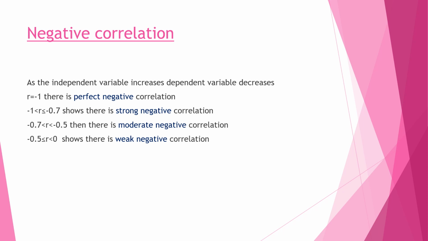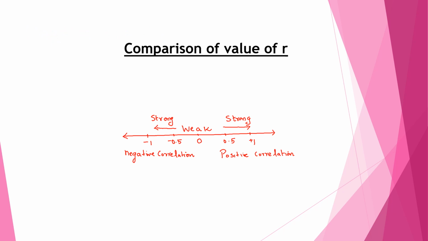Now moving on to comparison of correlation. So I have taken a number line and marked -1 and +1, between which the value of r lies. Now as you can see from this, between -0.5 and 0.5, the relation is weak. That means the correlation between the variables will be weak when the r value lies in this first interval.